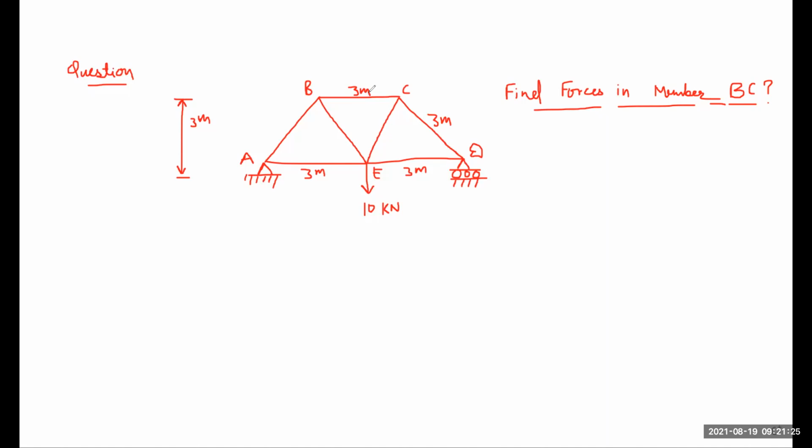So these are the lengths you have been given. The first step is you have to find the reactions at support A and support D. So solve this question. I give you all 2 minutes. Just find the reactions.